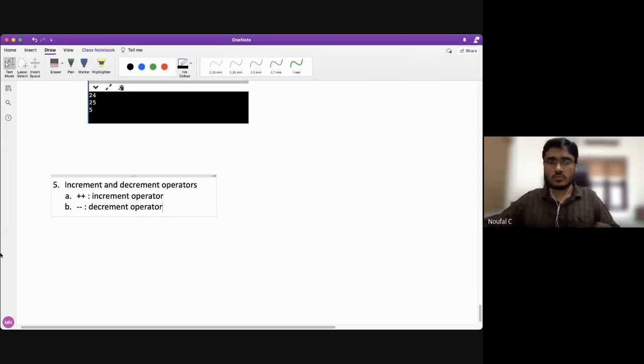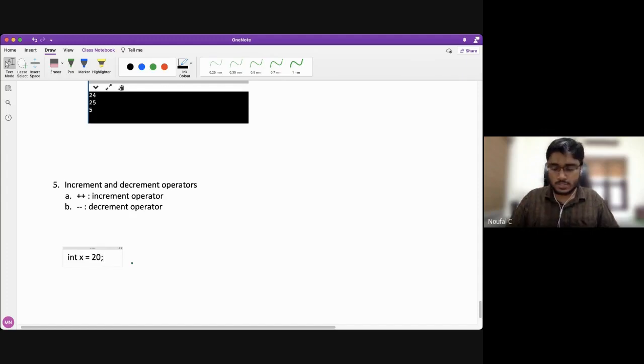The basic idea of plus plus is this. Suppose somewhere in my program I write int x equal to 20.